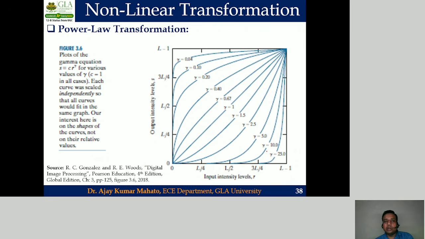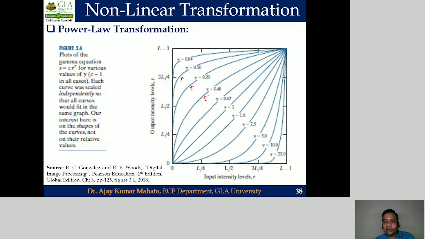Another thing that we can observe in this characteristics curve is the transformation curve for gamma equals 0.4, for gamma equals 0.2, for gamma equals 0.1, and so on.